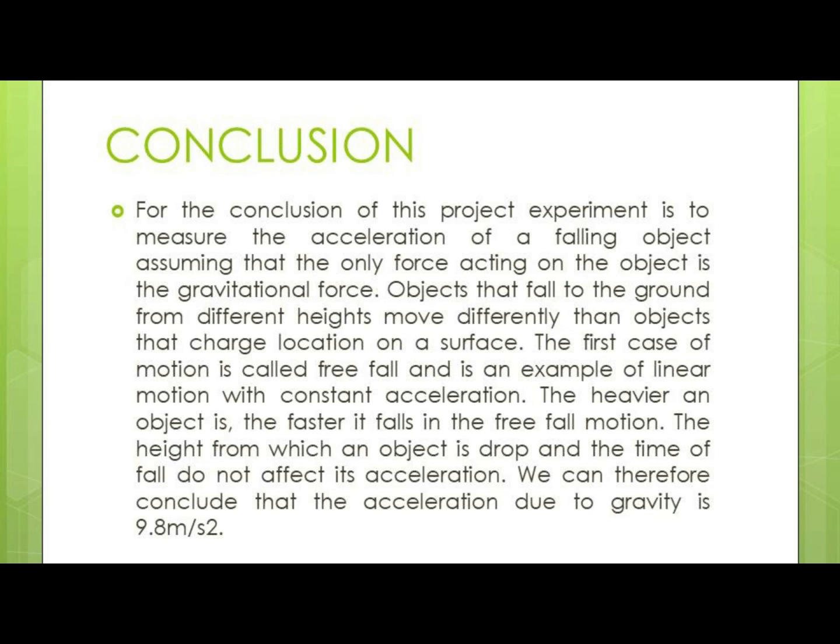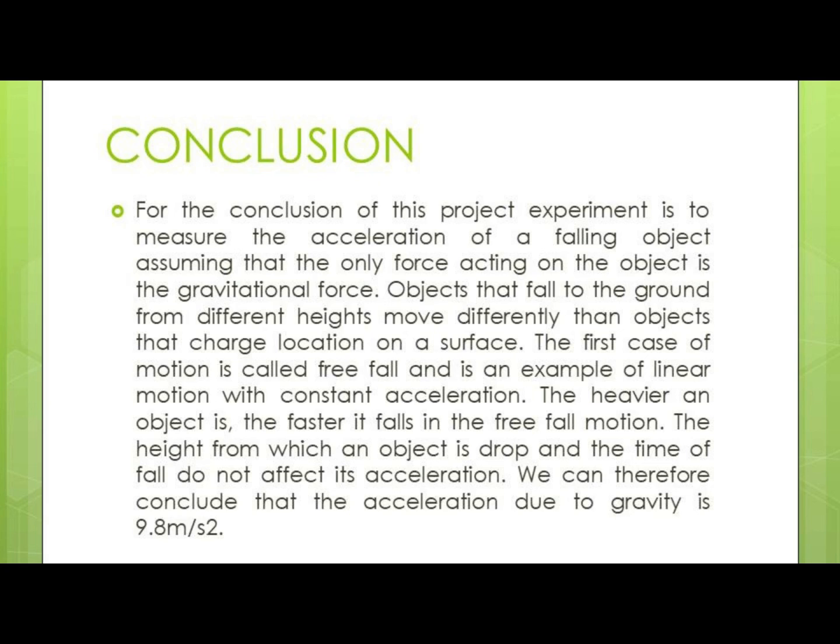For the conclusion, the experiment measures the acceleration of a falling object, assuming that the only force acting on the object is gravitational force. Objects that fall to the ground from different heights move differently than objects that change location on a surface.